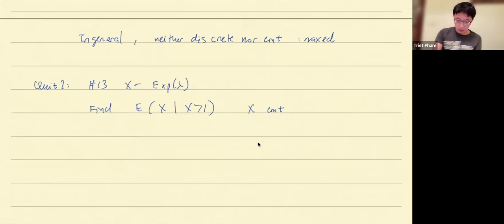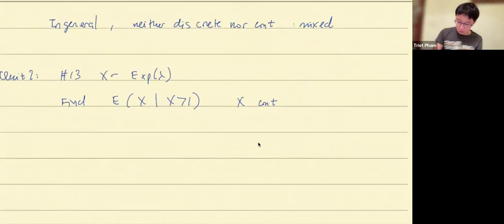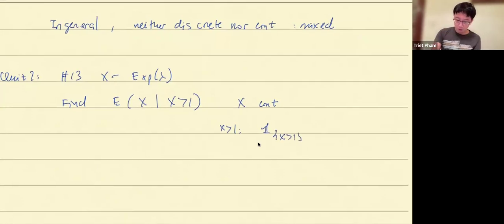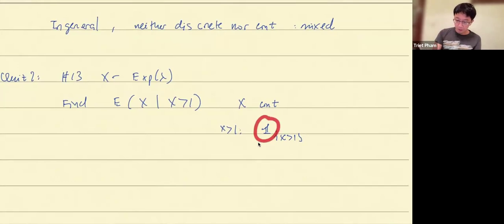Well, the x bigger than 1 here is an indicator random variable. The x bigger than 1 is really the indicator function of this random event. So this is the stylized 1 representing an event, which is 1 if it's true, 0 if not.